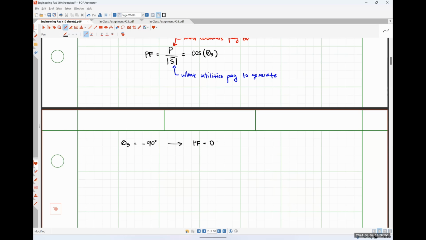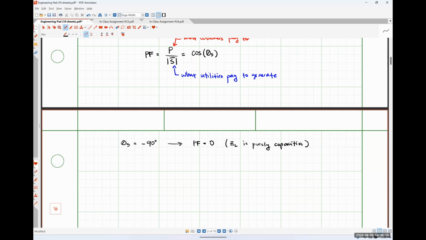Well, this only happens when our load, and I'm just going to call this a generic load impedance, ZL, is purely capacitive. Okay. So what do we know about a purely capacitive load?